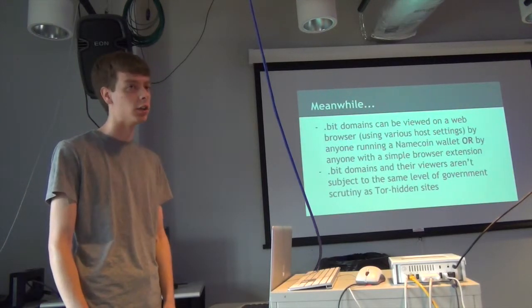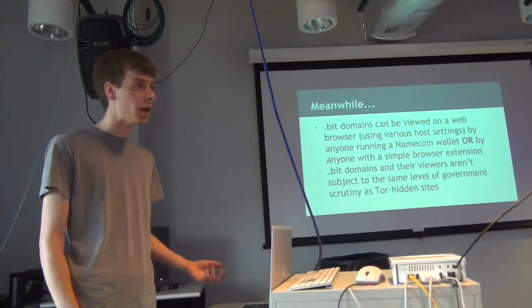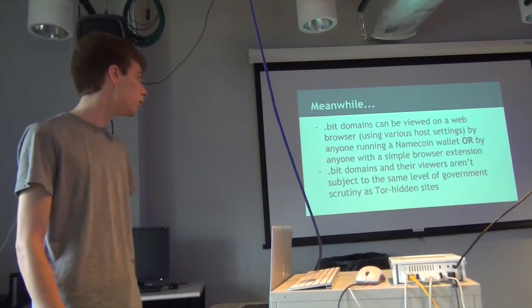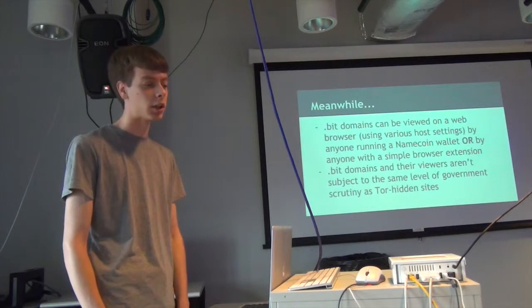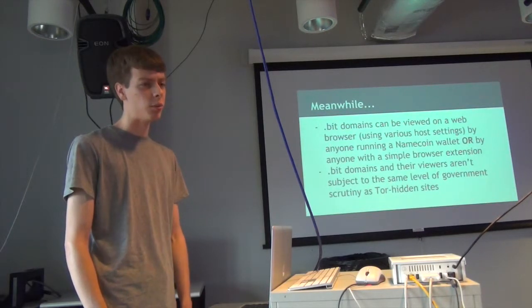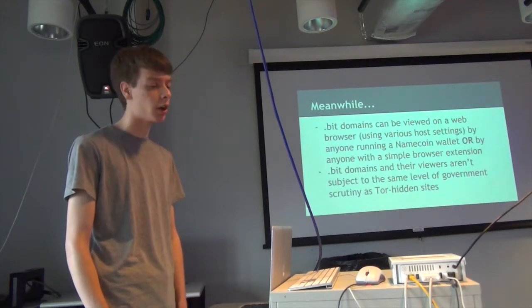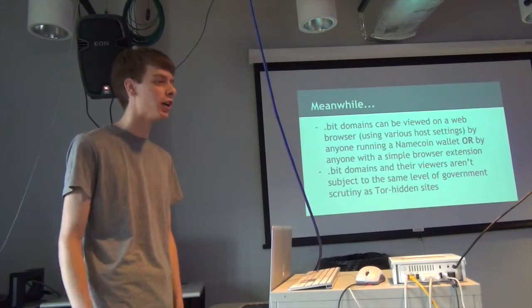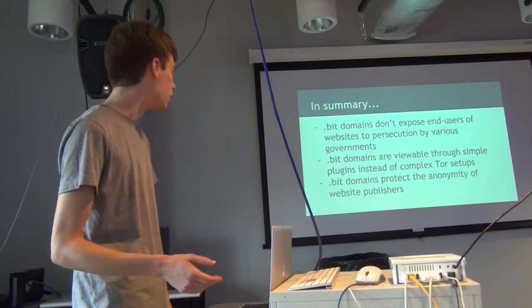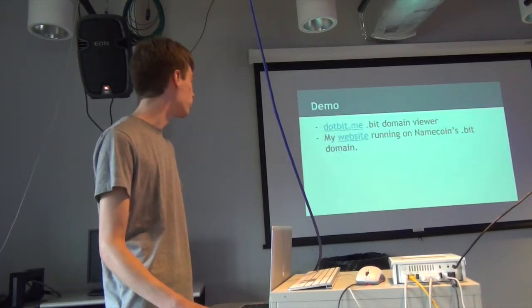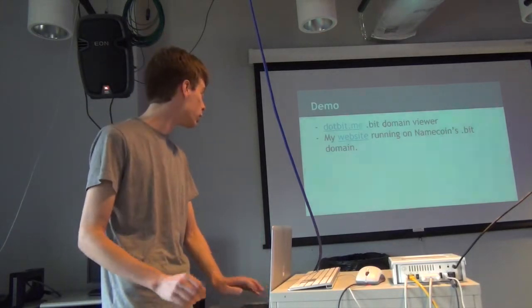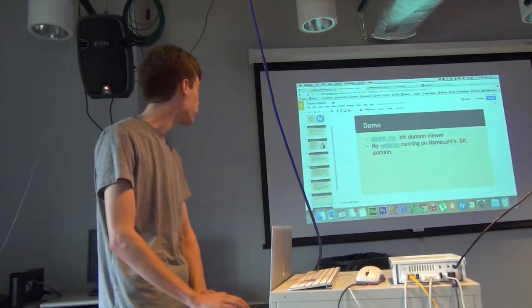You just have to go to your browser and go to the domain site .bit. And so it basically takes a lot of the complication and a lot of the possible issues with being labeled a terrorist away. I have a little bit more, but I'm going to jump to this.